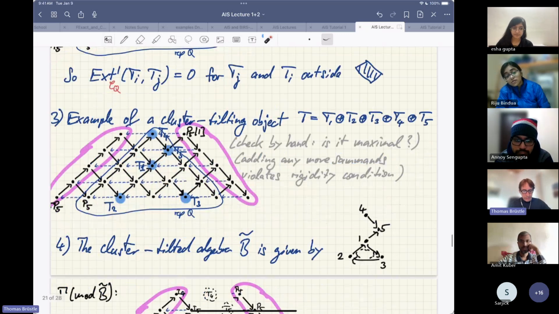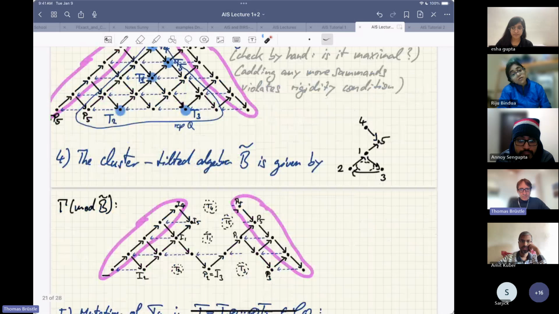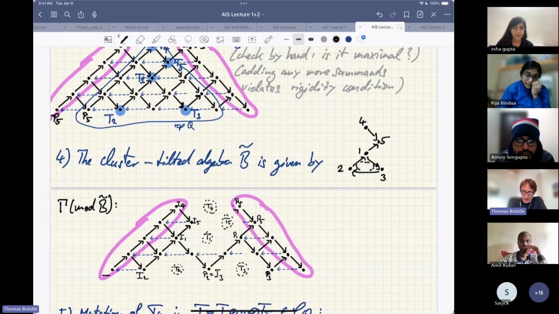Let's apply the result that if we mod out add T from the cluster category, then we get a category which is equivalent to the category of B tilde modules.